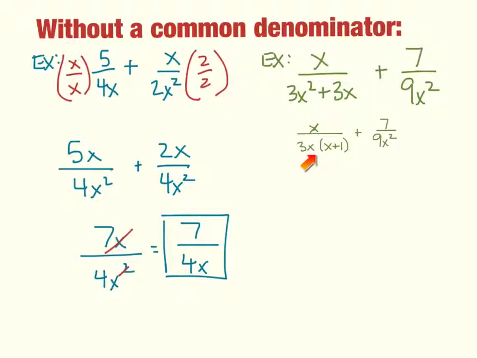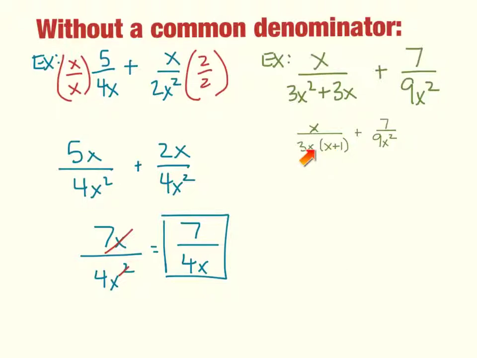So for 3x times x plus 1, what does 9x squared have that this doesn't? It's not 9. So how can I make this 3 into a 9? I know I'm going to have to multiply by 3. Now this is an x squared, whereas this is just an x, because this x plus 1 is a different thing.